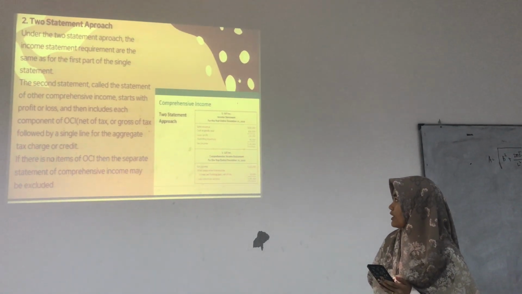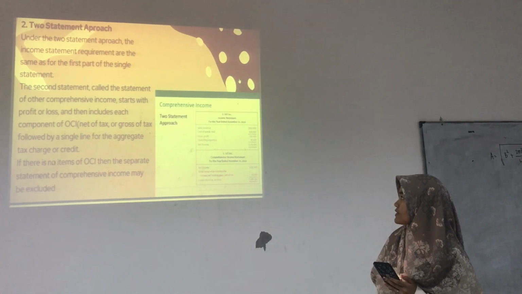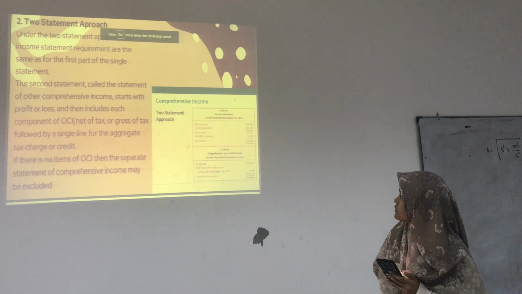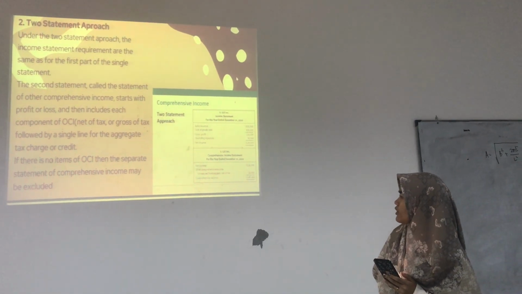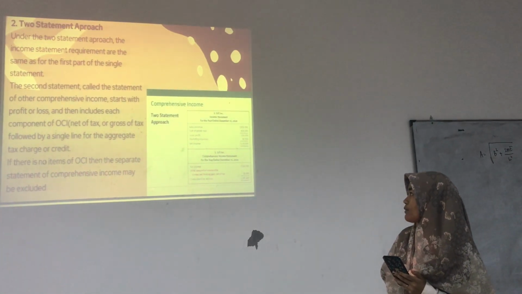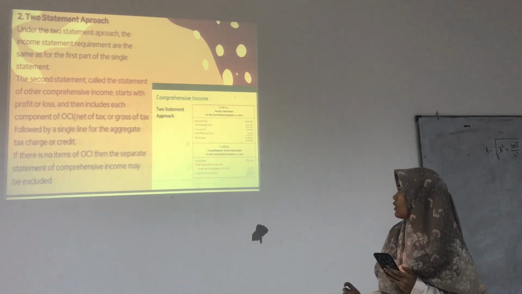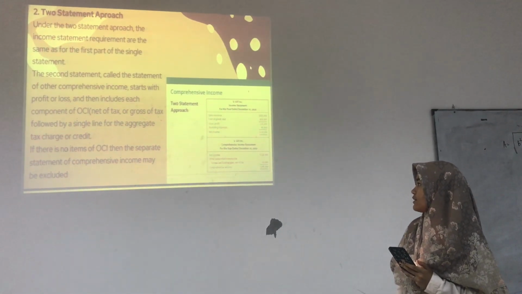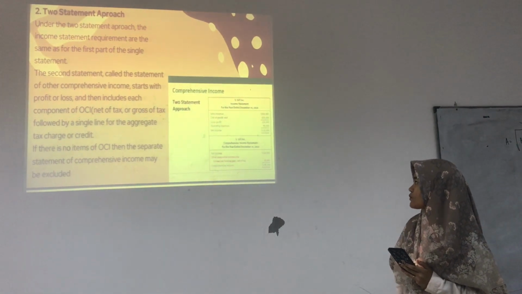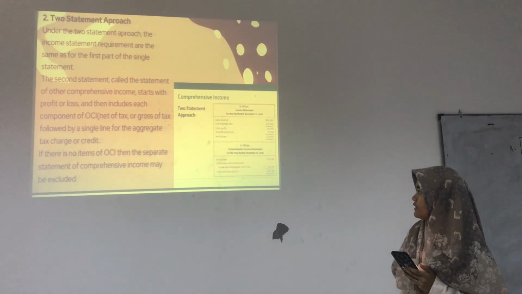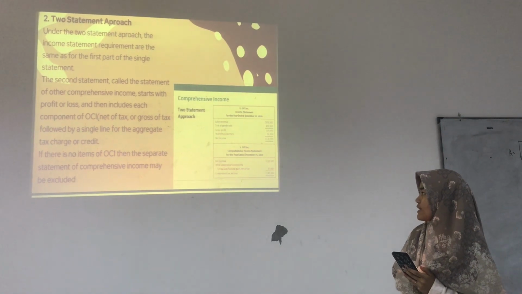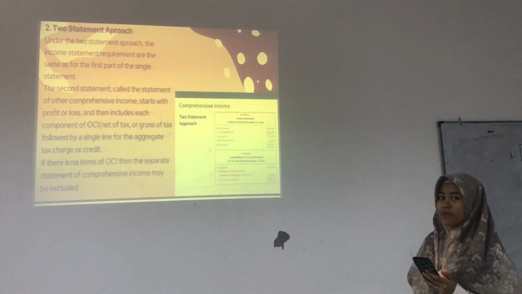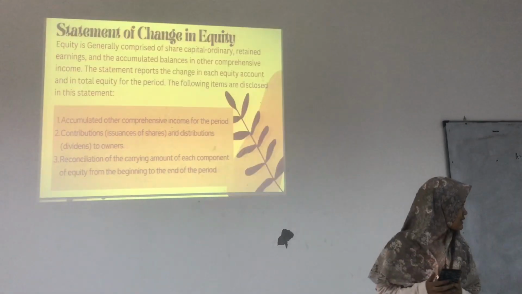The second statement, called the statement of comprehensive income, starts with profit or loss and then includes each component of other comprehensive income, net of tax or gross of tax, followed by a single line for the aggregate tax, debit or credit. If there are no items of other comprehensive income, then the separate statement of comprehensive income may be excluded.